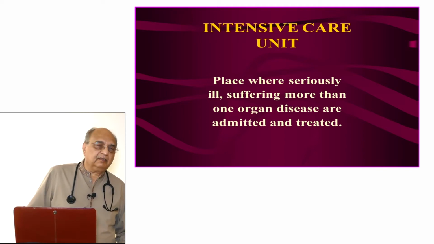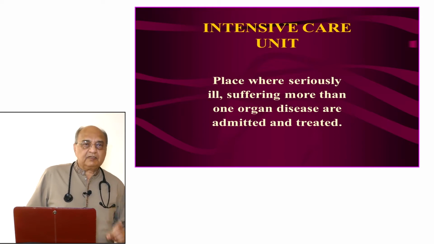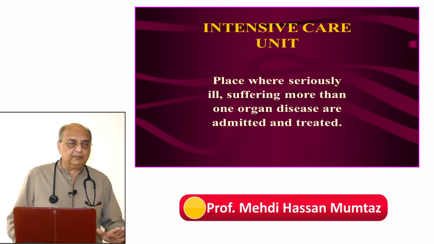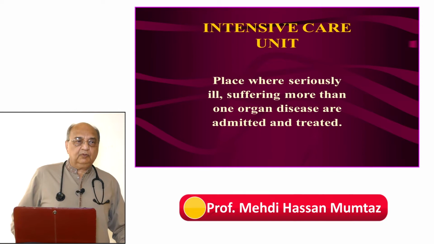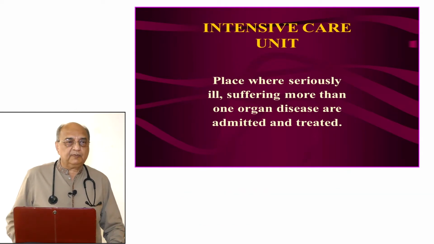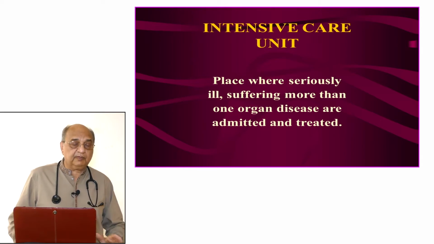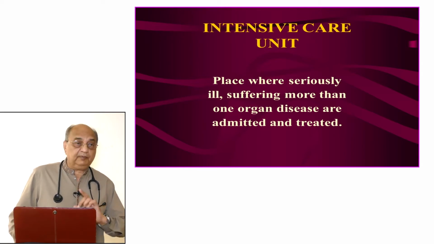And the third category is level 2, where one organ system is dysfunctional, that needs to be stabilized, and that's a patient for HDU. Only one exception to that is respiratory failure. Even if there is no other problem, only respiratory failure, that is a level 3 patient.